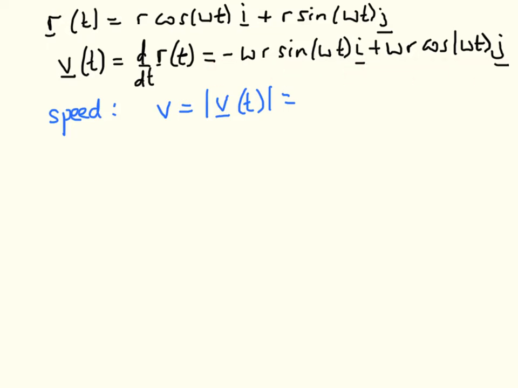So to get that, all we do is we take this and square it, take this and square it, add the two of them together and take the square root of that sum. So we're going to get the square root of minus, when we square it, is going to become plus, so that sign will become plus, omega squared, r squared, and then sine squared.